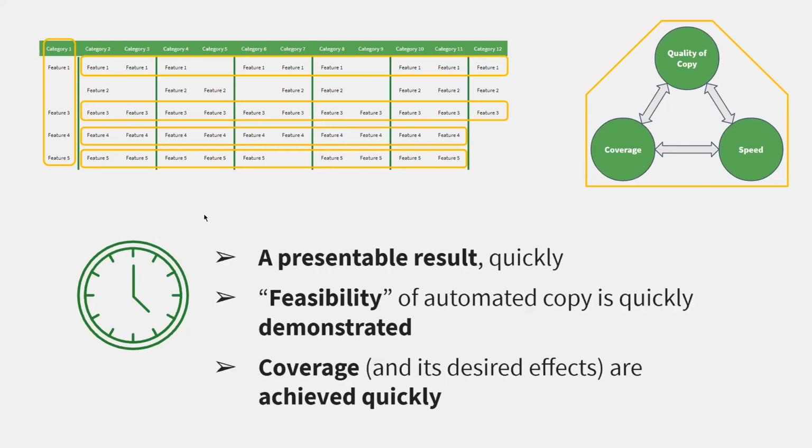I'll show you first a few benefits still. As I said, you have a presentable result, which is usually important versus critics of the system or people you have to report to, so that they can see what they will get for this investment. You show the feasibility of automated copy, and you have coverage of all the products that can already work for you after a relatively short amount of time.